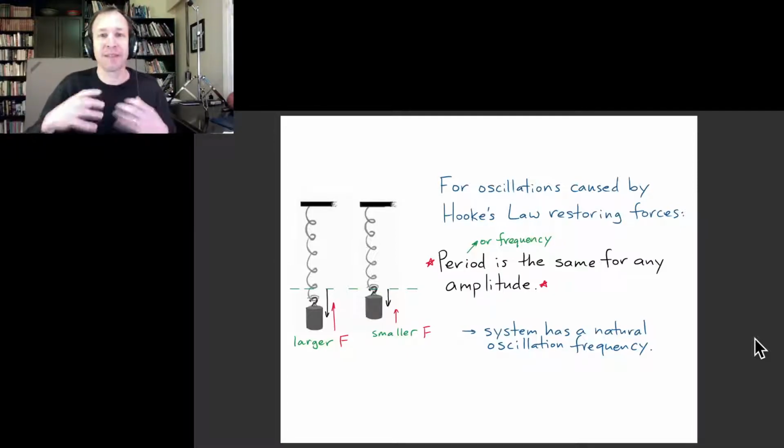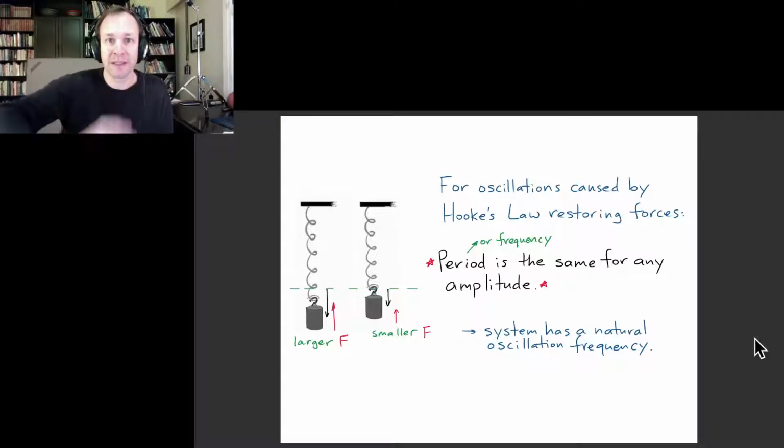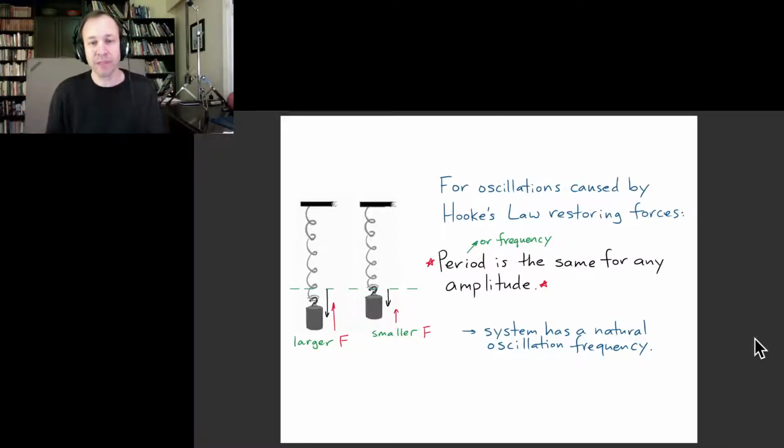And remember, that's something that is almost universally true if we are just talking about small oscillations around an equilibrium position. So that's really important, that the period is a basic property of your setup. And so a system like the one here is going to have a natural frequency that it wants to oscillate with.